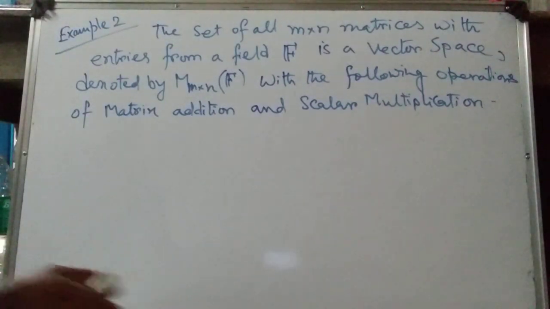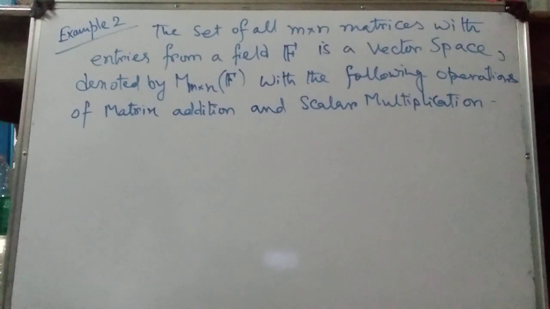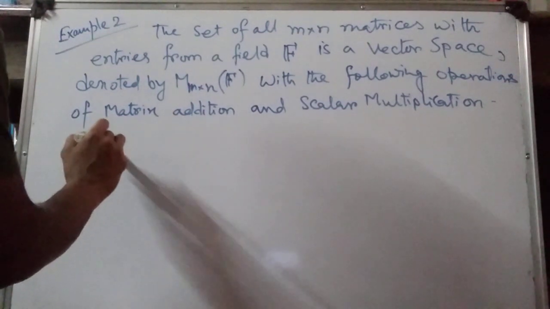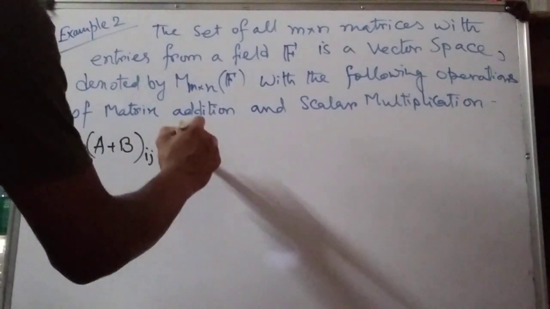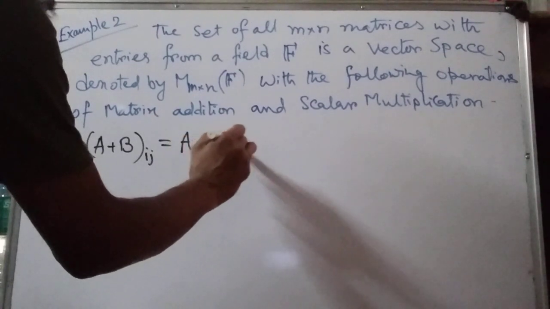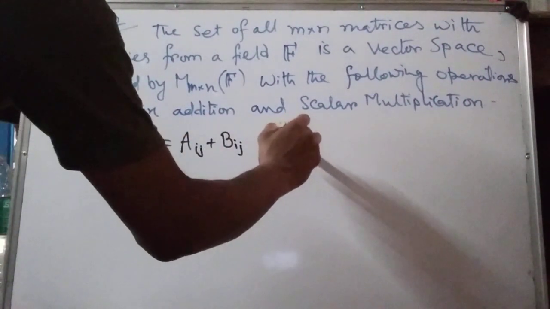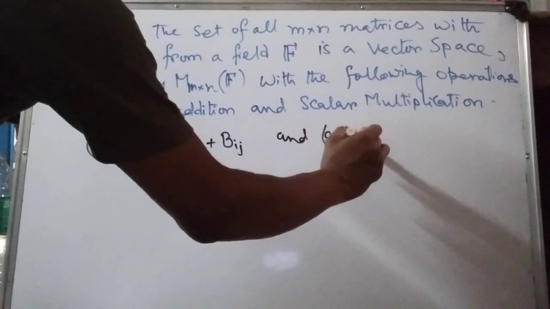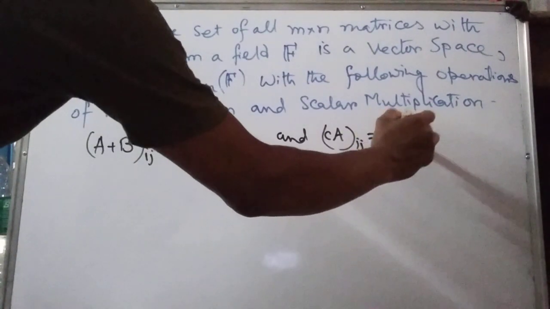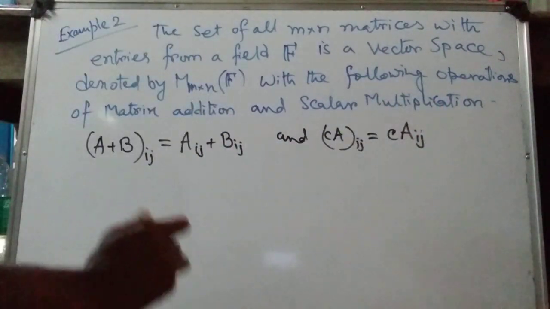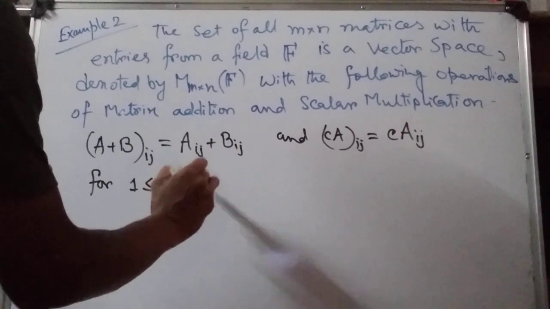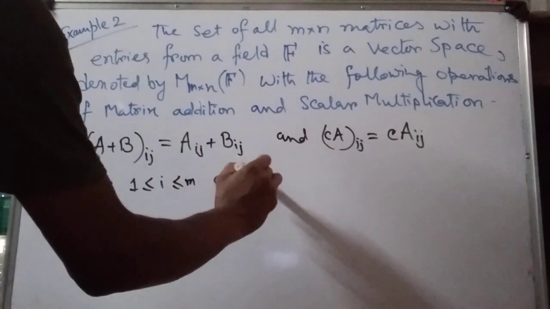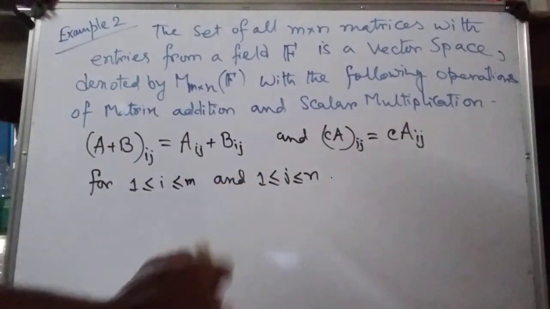What does that mean? (A plus B)ij equals Aij plus Bij, and (cA)ij equals c times Aij, for 1 less than or equal to i less than or equal to m and 1 less than or equal to j less than or equal to n.